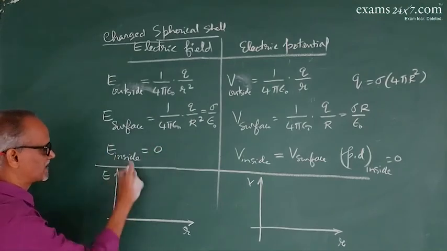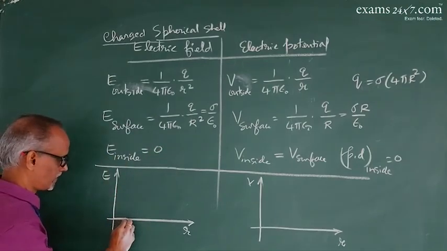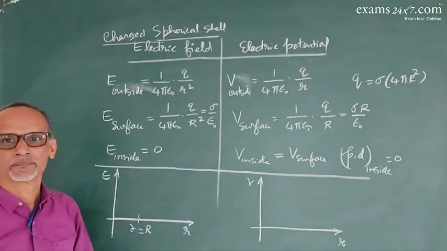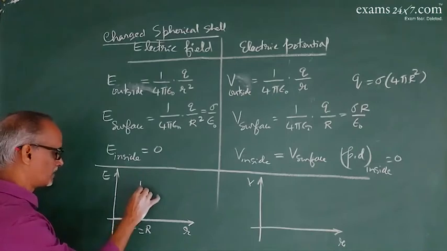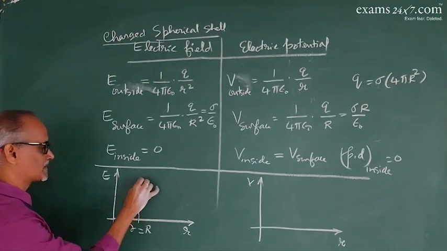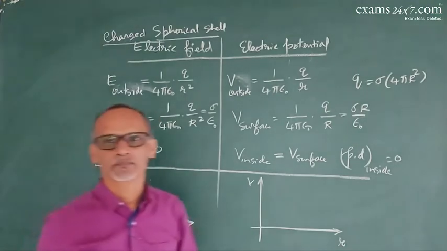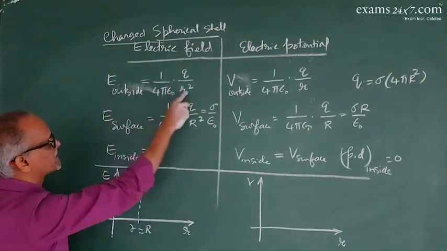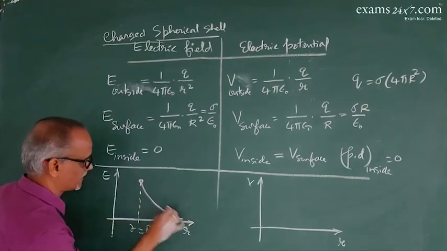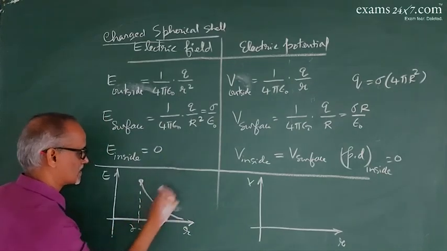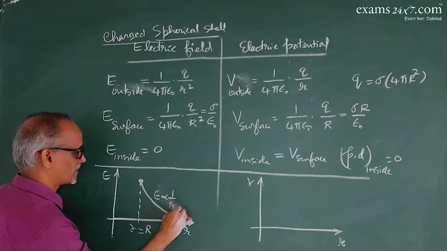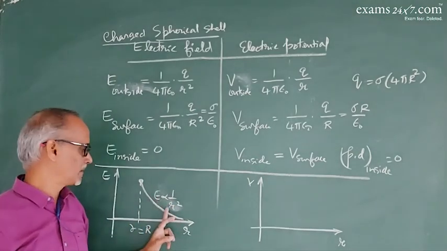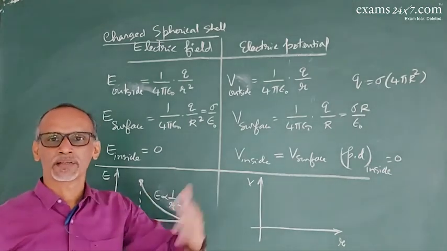Anywhere inside the field is 0, and it's 0 till the surface, that means till we reach r equal to R. On the surface the field is maximum. Then beyond the surface it varies inversely as r square. So field becomes 0 only when r becomes infinity. Field vanishes only at infinity.